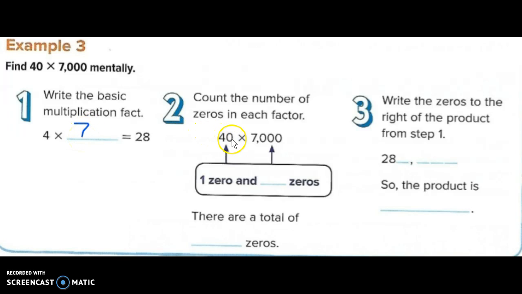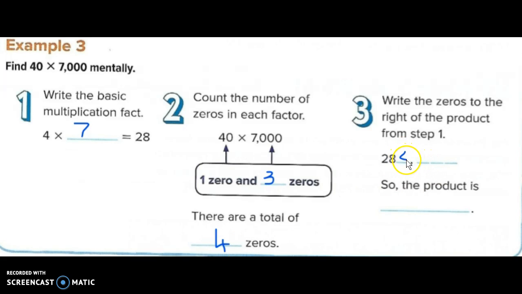Now, there's 1 zero with 40, and there are 3 zeros with 7,000. In total, we have 4 zeros. So all we need to do is add 4 zeros to the right of 28.